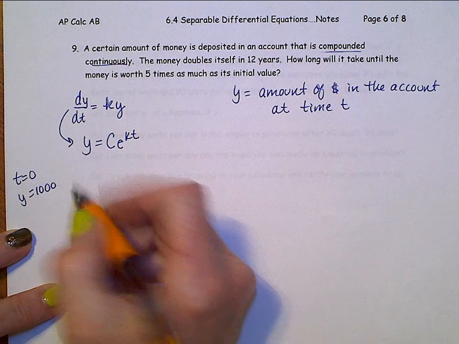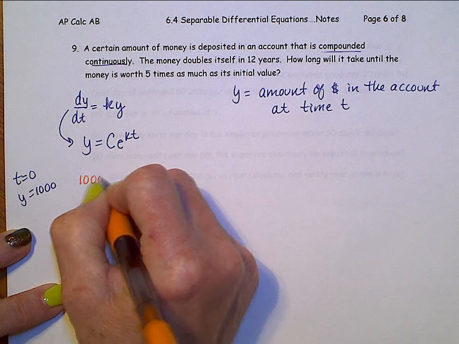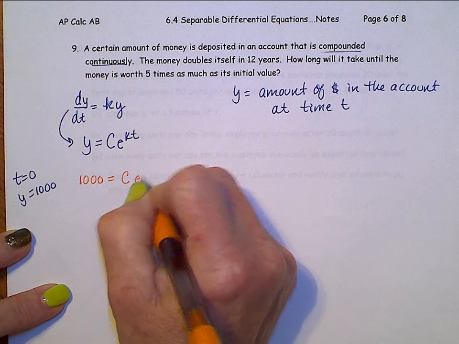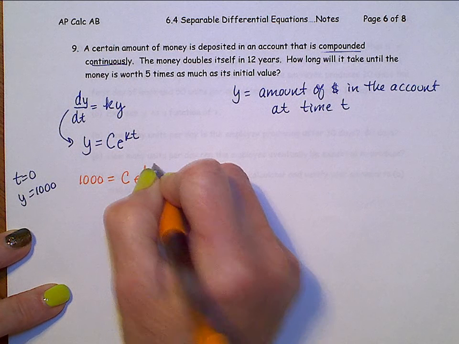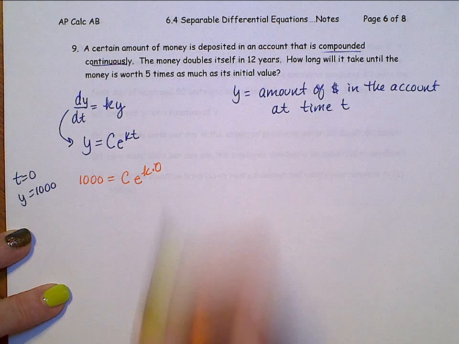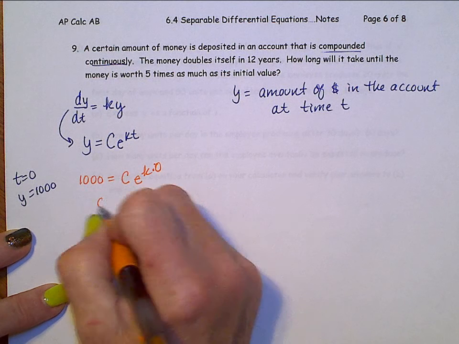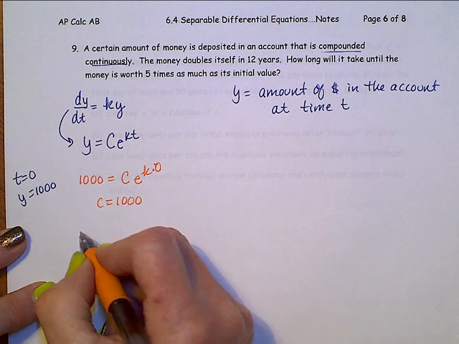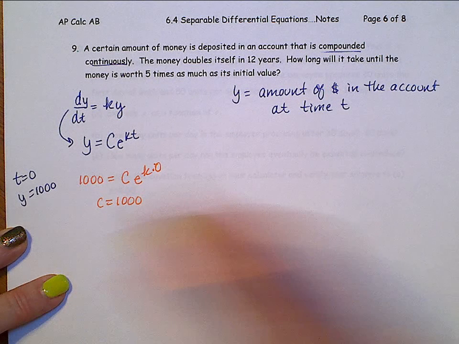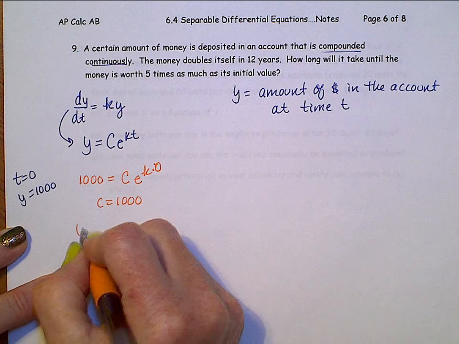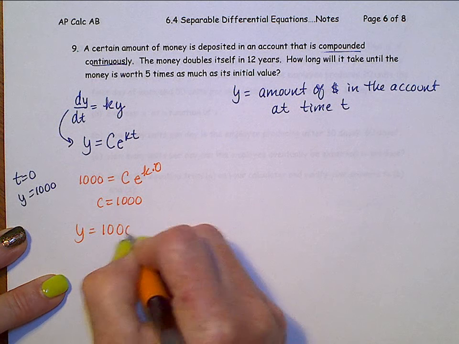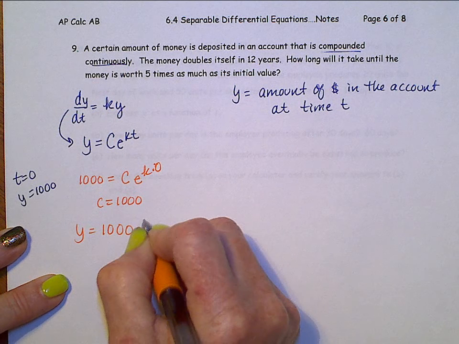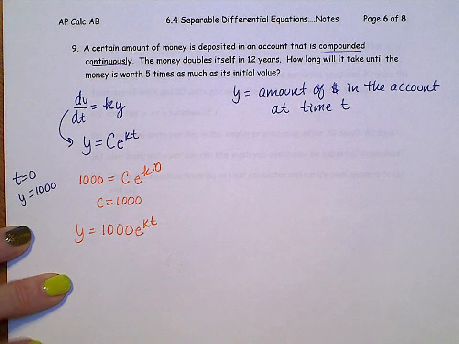That'll give us 1,000 equals some C e to the k times 0, which means that C is 1,000. So our equation now is y equals 1,000 e to the kt.